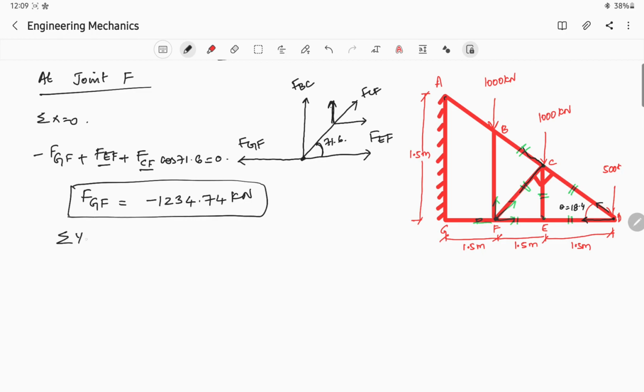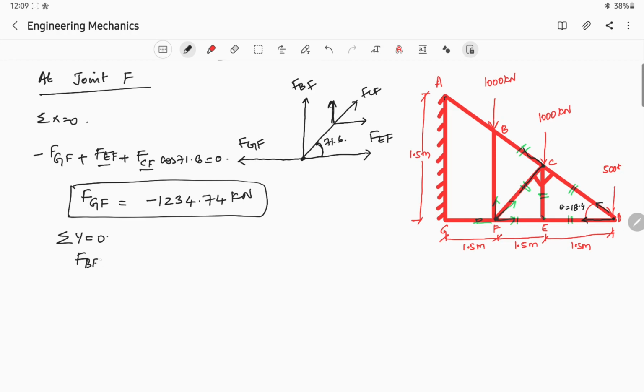Now if you calculate sigma y is equal to 0, you will get force in member, what are the vertical forces we have? We have force in member BF, this one. So this is force in member BF.